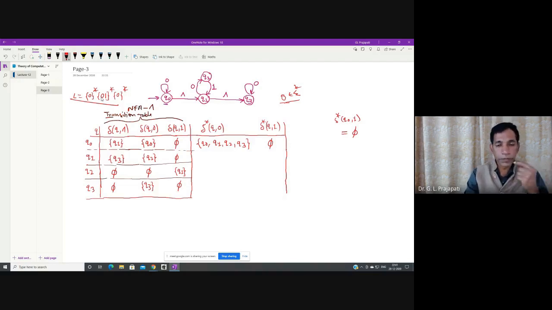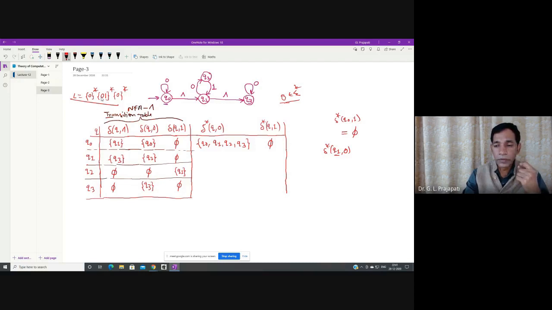Now whenever you are at Q1 and you take the input 0, first you need to compute the null closure of Q1.